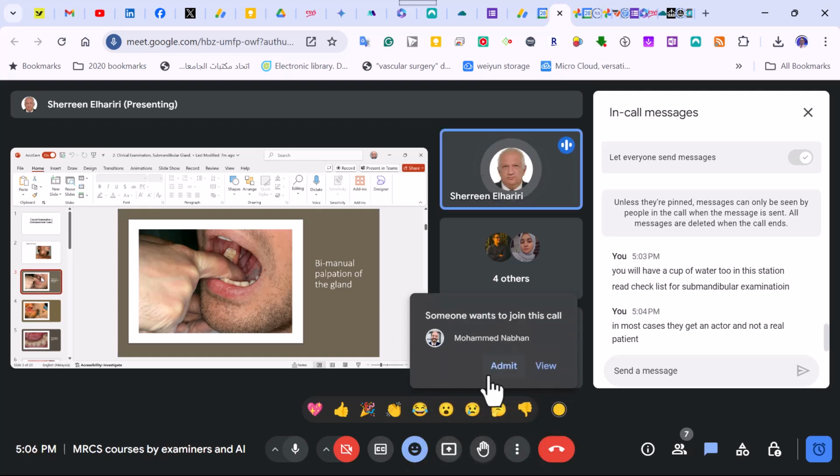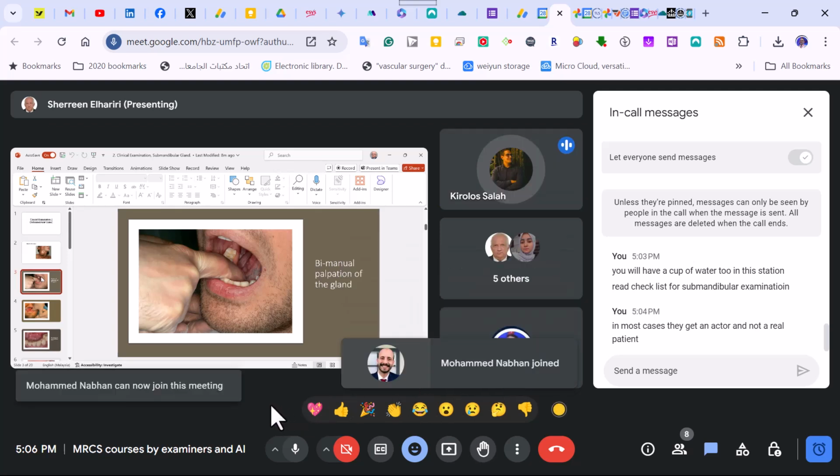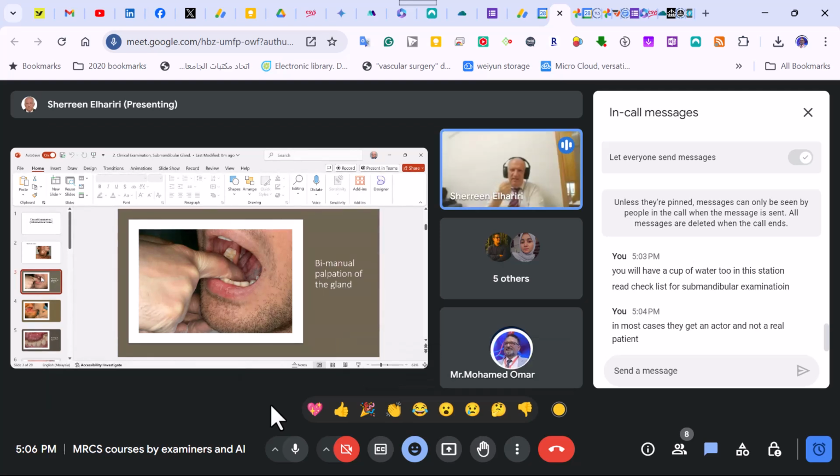Okay, how to differentiate between lymph node and salivary gland? The outside hand tries to feel for any lymph node, and the inner is for the submandibular.